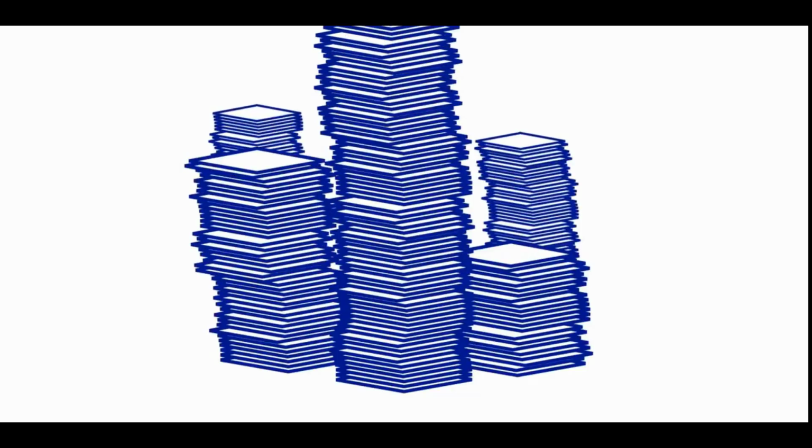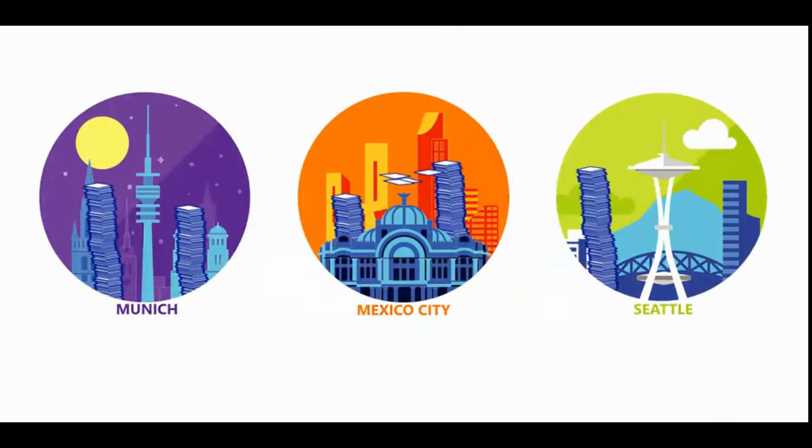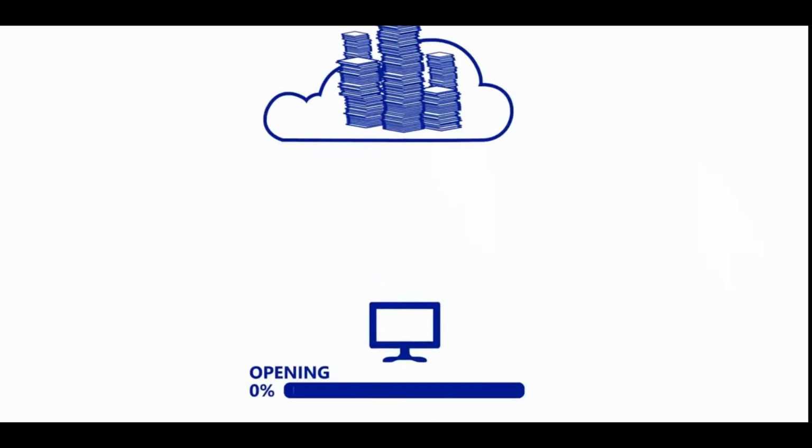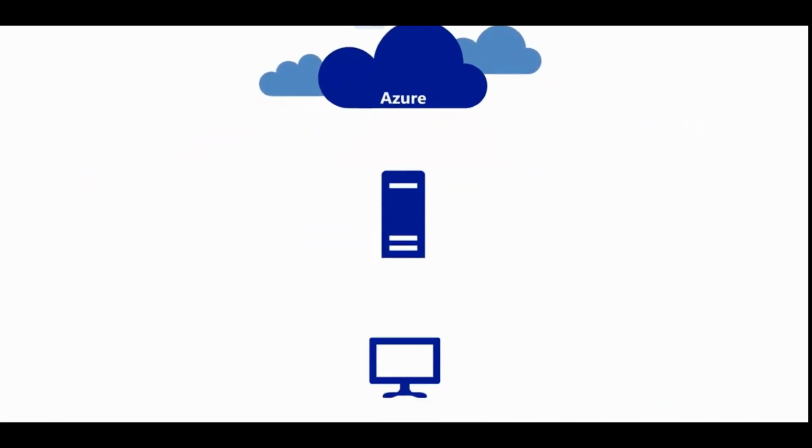So you've got files, lots of them, all piling up in scattered islands of data that are difficult to manage, back up, and recover. You can consolidate your files in the cloud, but on-premises users and apps might struggle with the slower access times. That's why we created Azure File Sync.